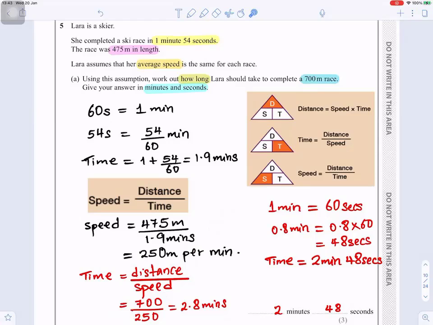Now they want the answer in minutes and seconds. So we know we've got 2 minutes. We want to change 0.8 minutes to seconds. 1 minute is 60 seconds, so 0.8 minutes will be 0.8 times 60, which gives you 48 seconds. And we add the 48 seconds to the 2 minutes. So it will be 2 minutes and 48 seconds.